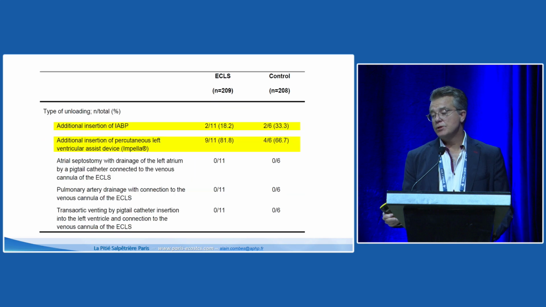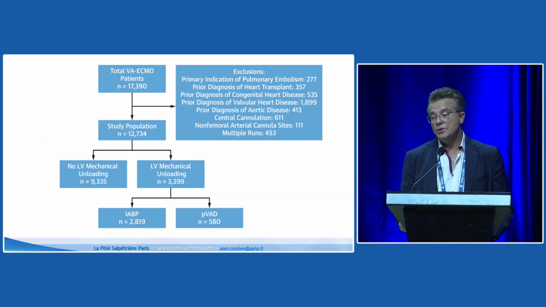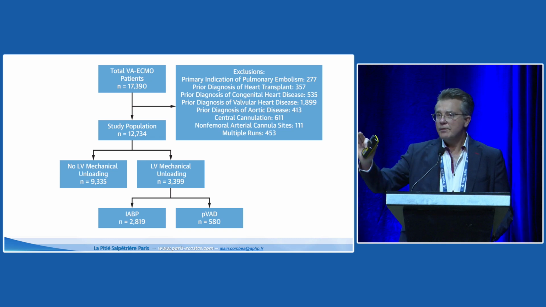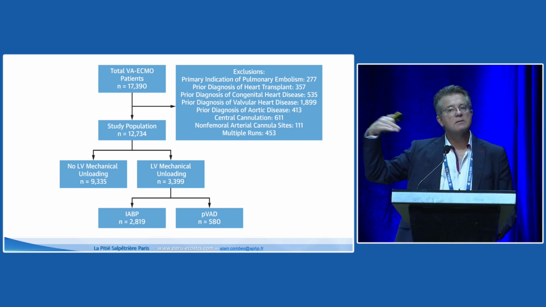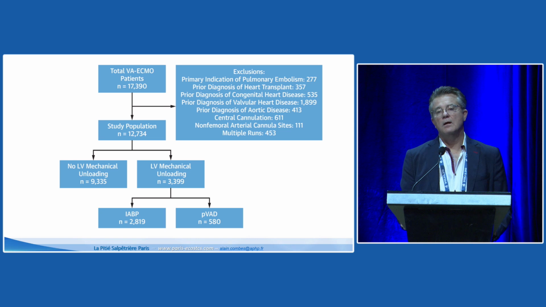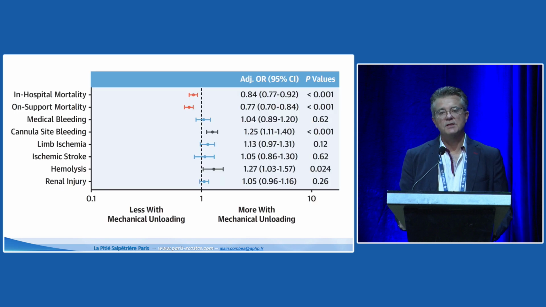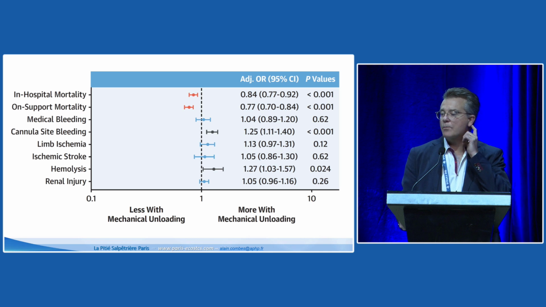They mostly used the Impella, as is the case in Germany. But once again, these numbers are very low, and we know from retrospective analyses that there has been a major benefit associated with unloading the left ventricle in patients on VA ECMO.